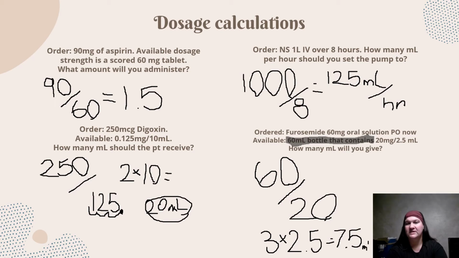Now, guys, with questions like this, you will get questions that also incorporate milligrams per kilogram. It'll be an antibiotic, per se, because we're not going to give the same dose of antibiotic to a 60-pound pediatric patient as to a 260-pound adult patient. It can be the same medication, just completely different doses.